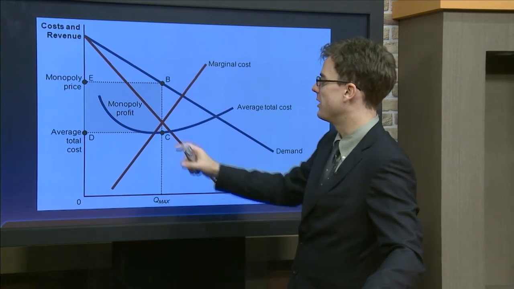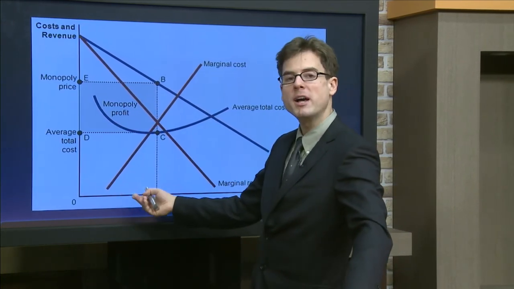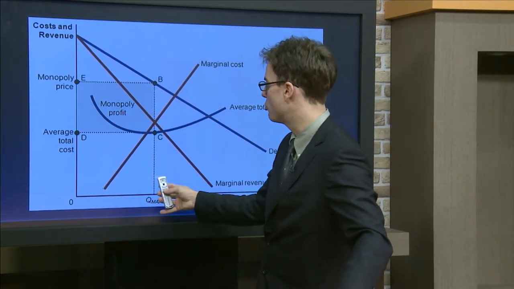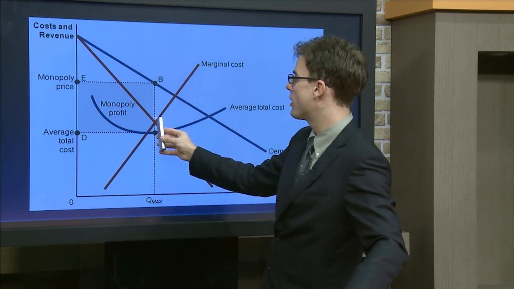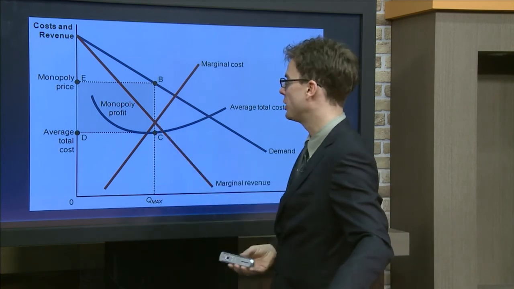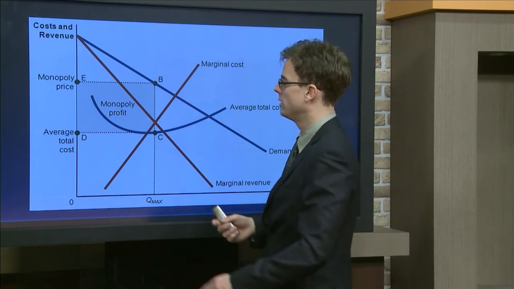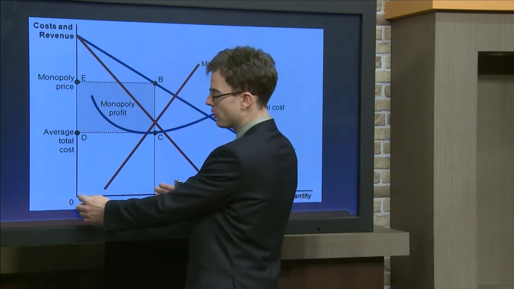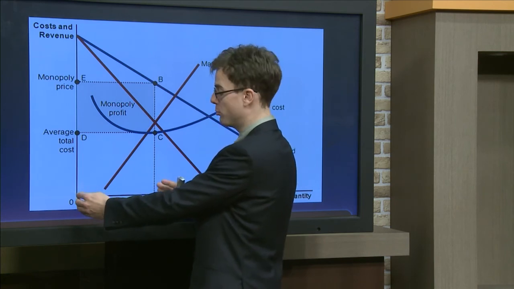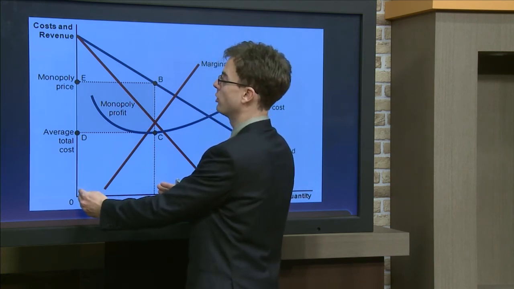And like we said, a profit maximizing monopolist would choose output where marginal revenue is equal to marginal cost of production. And so far we said that the monopolist would stop producing at this output level.